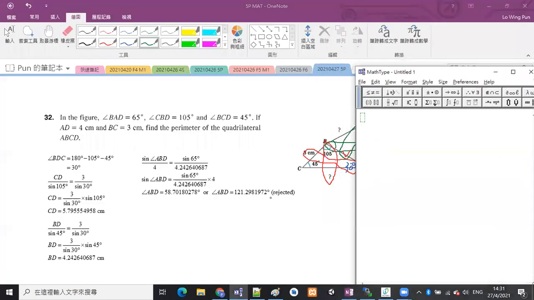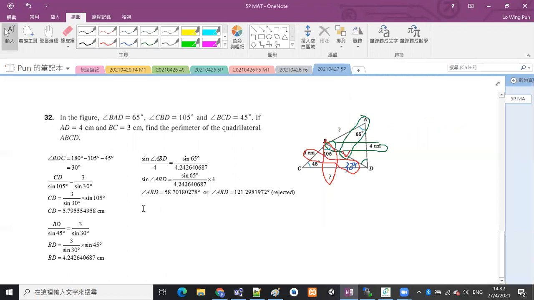So angle ADB is equal to 180 degrees minus angle ABD minus 65 degrees, and that should be equal to 56.2 something degrees, okay? And this is our angle ADB. And we need to apply this on the sine formula to find the question mark, okay?